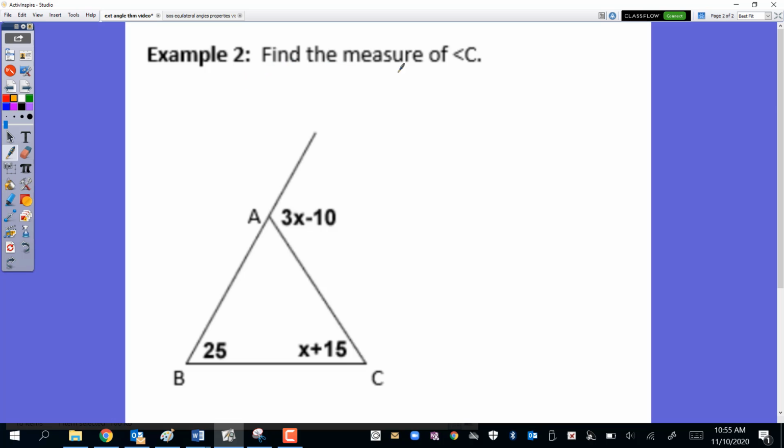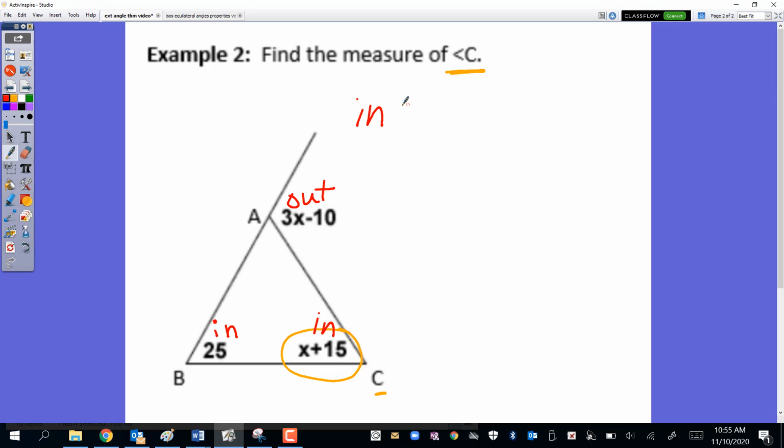So in this one we're finding the measure of angle C. So I'm going to circle angle C in my picture because I know I'm going to have to solve for x and plug it back into this angle, because here's angle C down there. So I'm going to label what's on my inside, what's on my outside. So 3x minus 10, I can see that's on the outside of the triangle. This is on the inside, and this is on the inside.